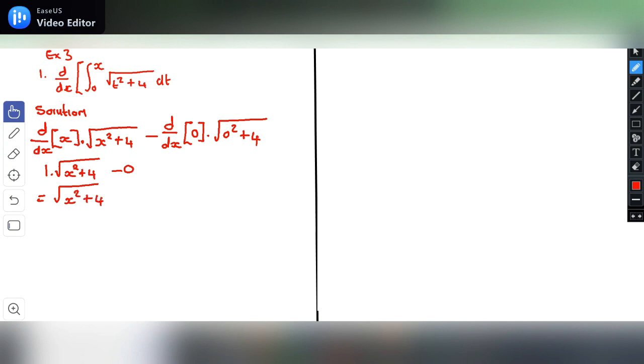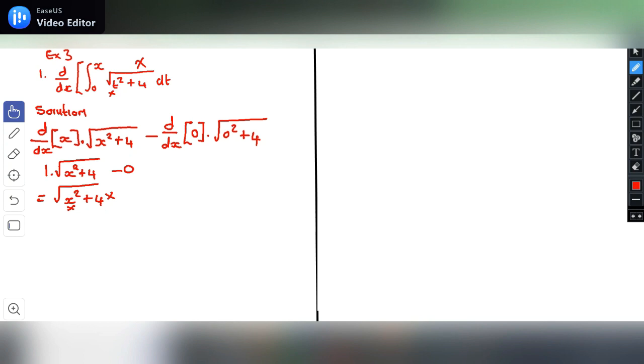I want you guys to check something. This function here is the square root of t squared plus 4. Can you guys see it? And this one here is the square root of x squared plus 4. So you can see that we replaced t with x, right? But you need to show the steps when you do these types of questions.